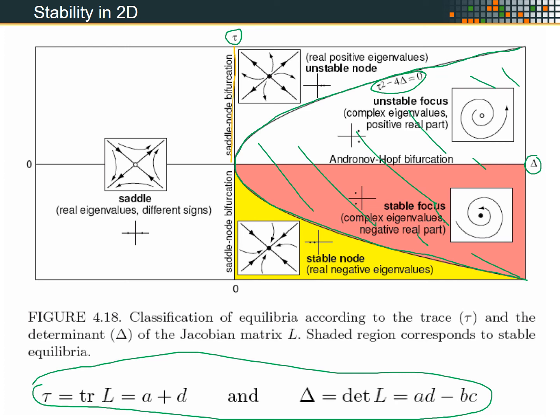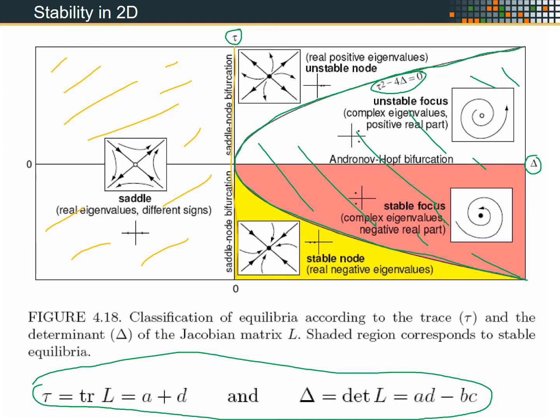Everything outside this green area can be further separated into a left side of this area, which is this one. In this area, we have one of the two directions being repelling and one of the two directions being attractive.